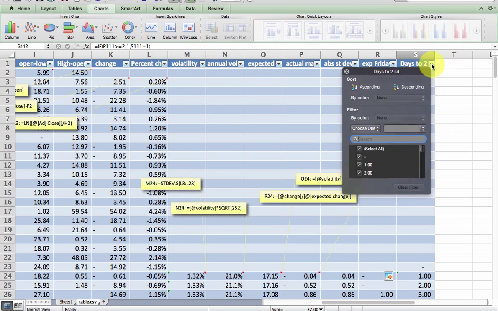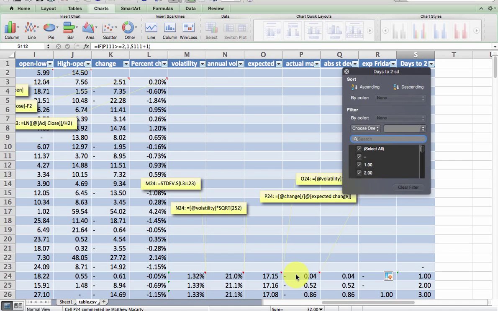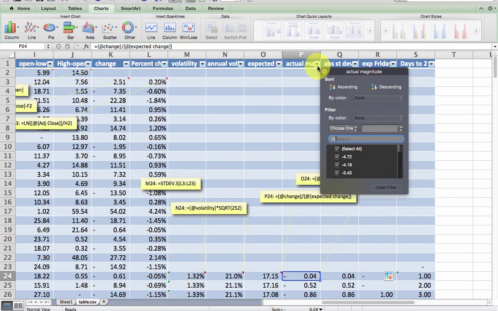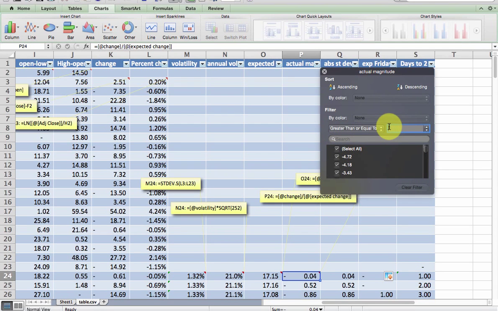Okay, so I'm just going to filter this out, and I'm going to look for things that are greater. No, I'm not going to look there. I'm going to look over here, actually, sorry, in magnitude. And I want days where it's 2 or more. So greater than or equal to 2.